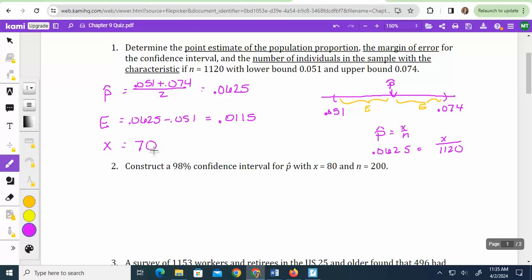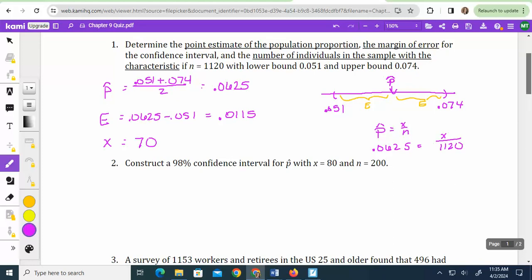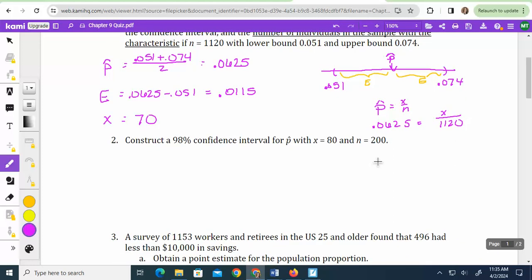Number 2, construct a 98% confidence interval for p with x equals 80 and n equals 200. Let's look at our formula sheet.